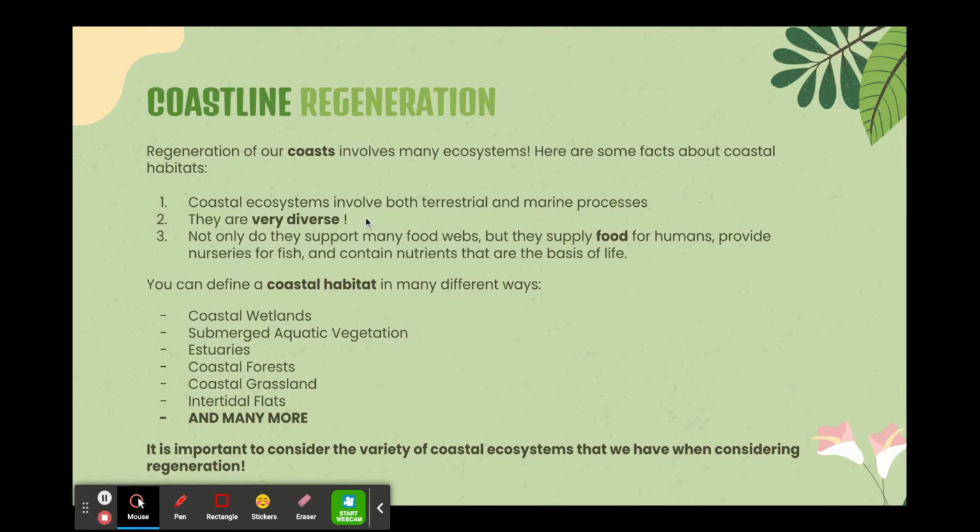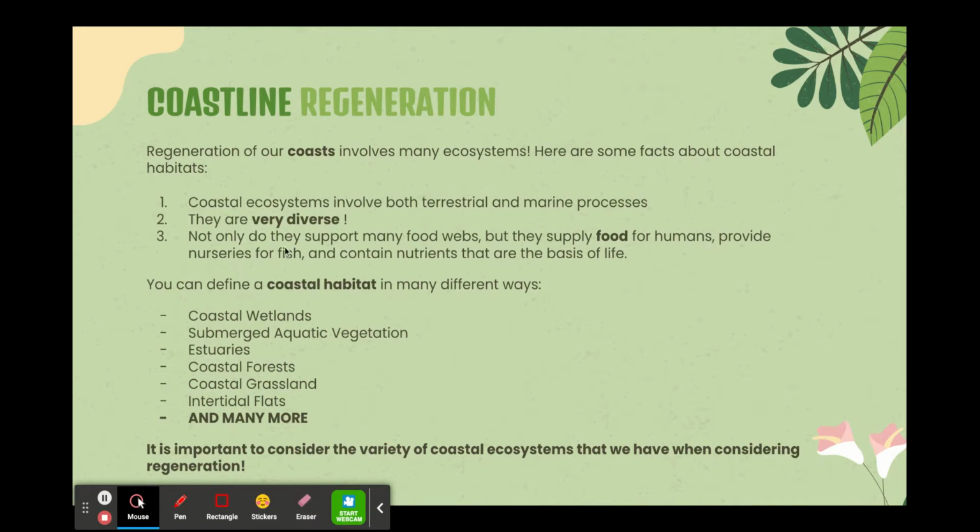They are very diverse, so both the terrestrial and marine ecosystems that are involved in coastline regeneration have lots of different plants and animals. And so they do support a large amount of food webs, but they also do some other important things like supply food for humans.